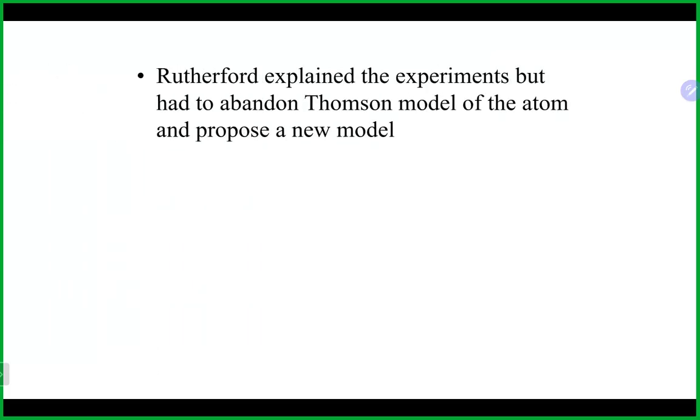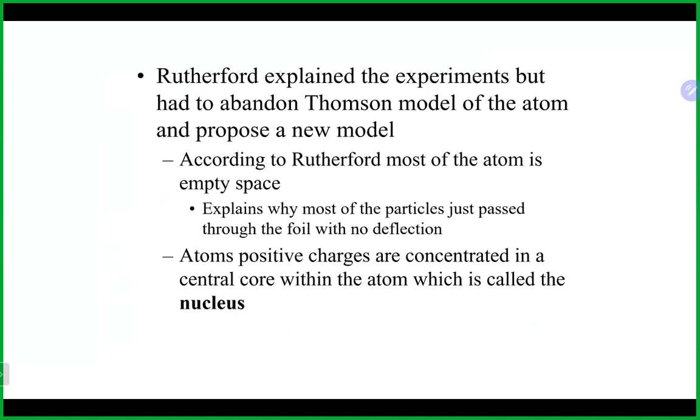So what this basically meant was we do have to revisit the plum pudding model that they had going into this experiment and basically say not so correct, right? So models and theories are not always correct, and can later be proven to be not so correct. They had to propose a new model for the atom, really the modern model of the atom that we deal with.